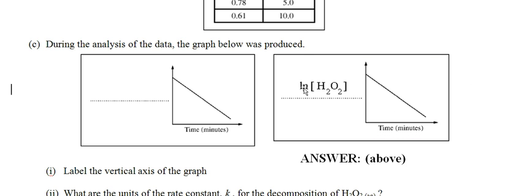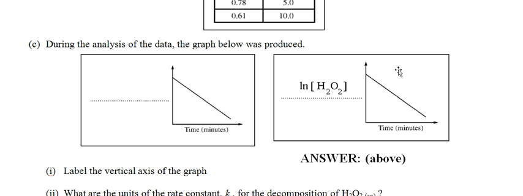Now, realize that the natural log of the hydrogen peroxide concentration versus time will still yield a straight line or a negative slope. However, do realize that a negative slope that is nearly vertical means that the reaction is very fast. A slope that is nearly horizontal, or a straight line that is nearly horizontal, represents a reaction that is very, very slow.